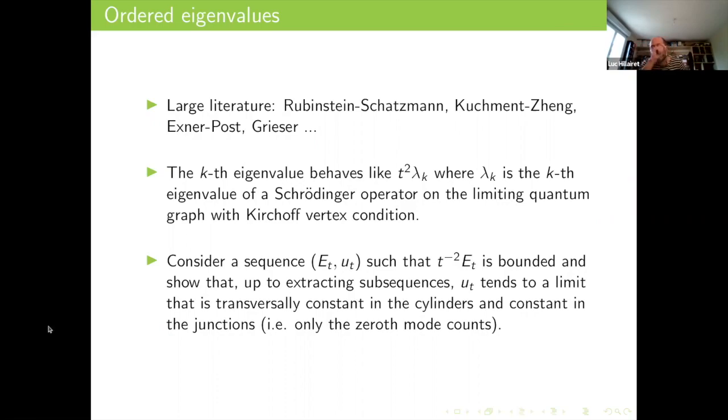So on each edge you obtain a function that depends only on x. And in the junctions, it's the same story. You have energy that goes to zero, so you have to go to a constant, and so in the end, extracting a subsequence, you obtain a function that has a constant value on each vertex.